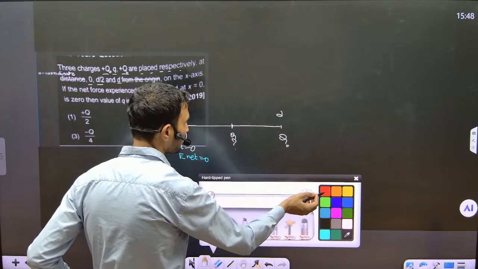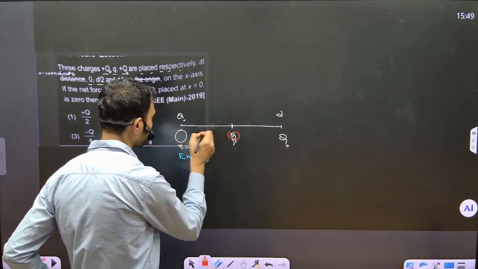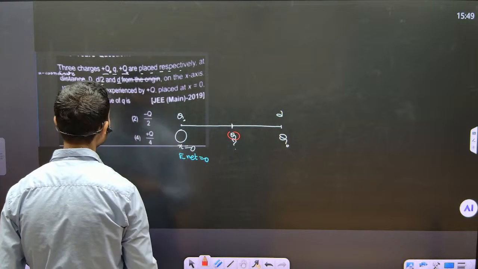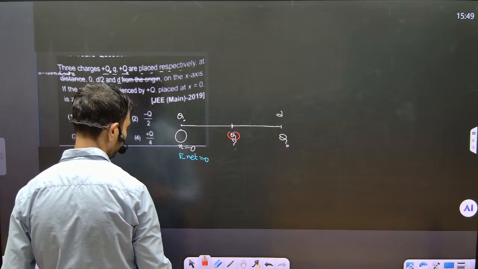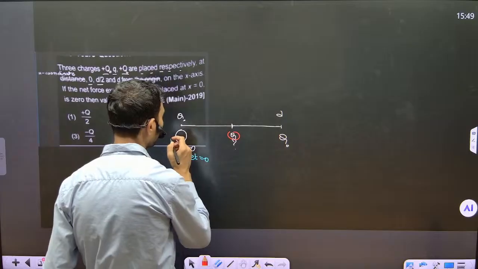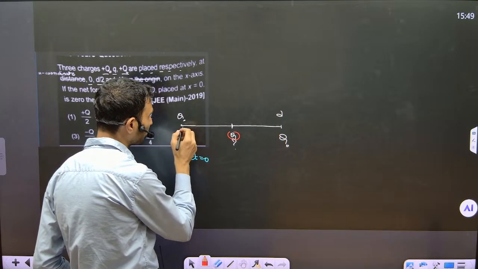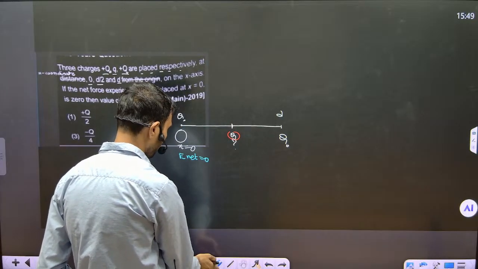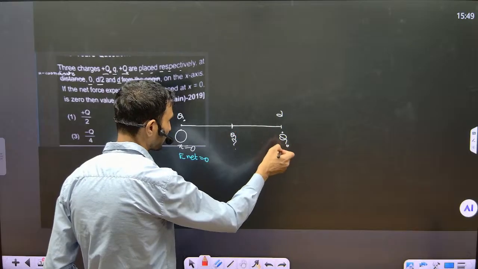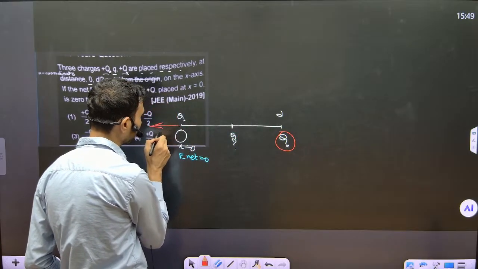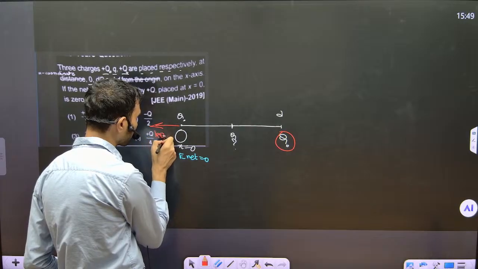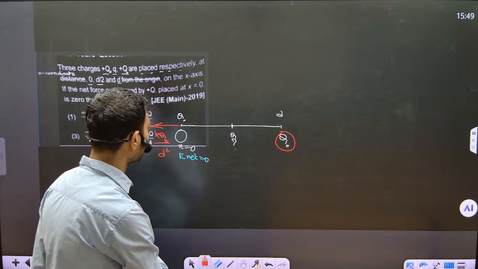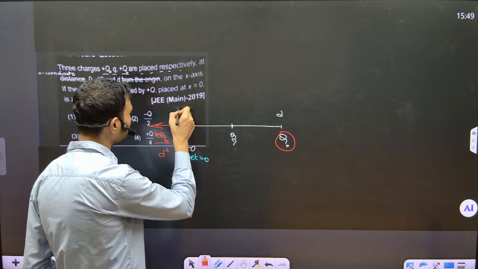It's that simple. We want the net electric field to be 0 here, right? Net force to be 0. So this positive charge will send the electric field in this direction, right? Let's start with this Q naught. Q naught will send electric field in this direction, away. And it will be how much? k Q naught by distance square, where this is the distance d.